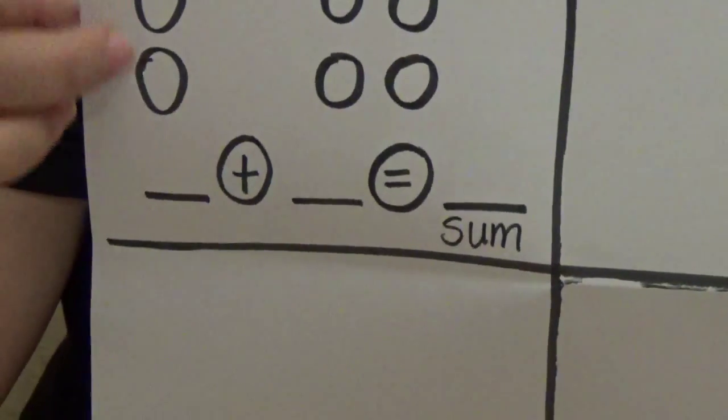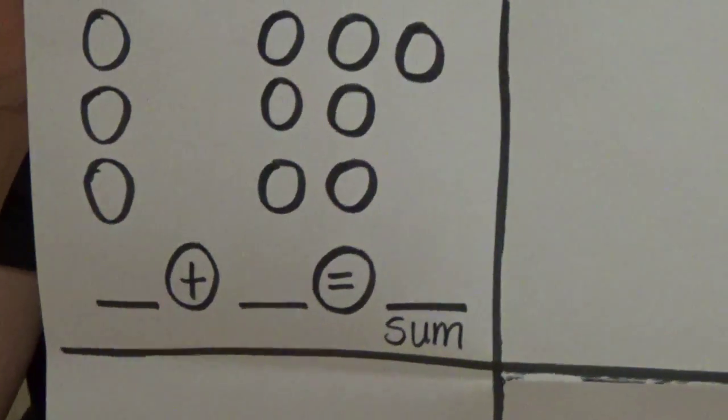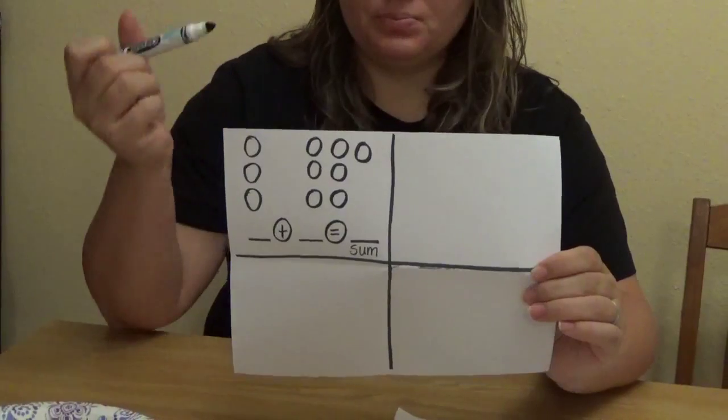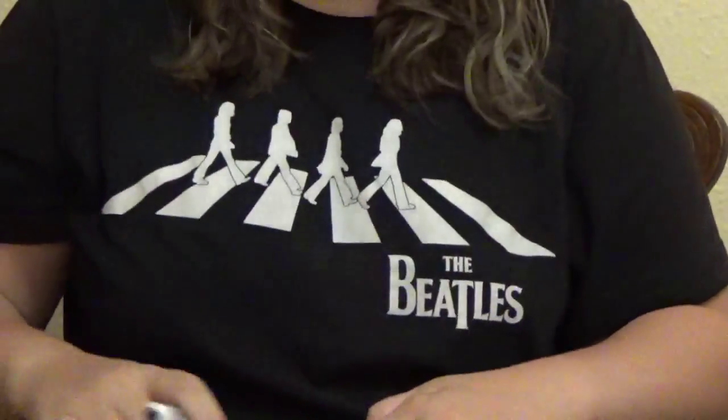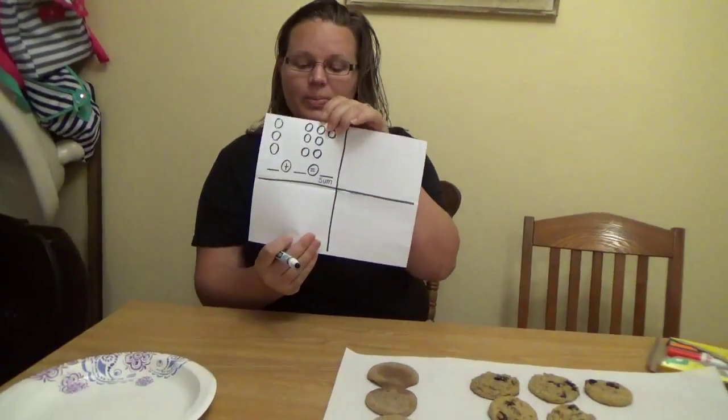Remember, I had 3 snickerdoodles and 7 of the oatmeal raisin cookies. I want to know how many cookies in all. That, boys and girls, is your first block.